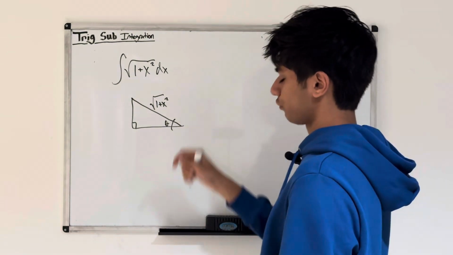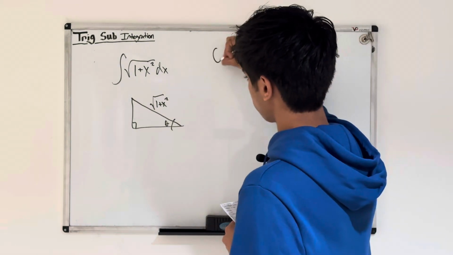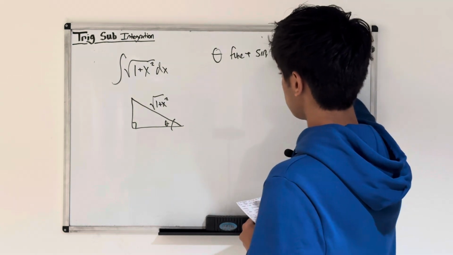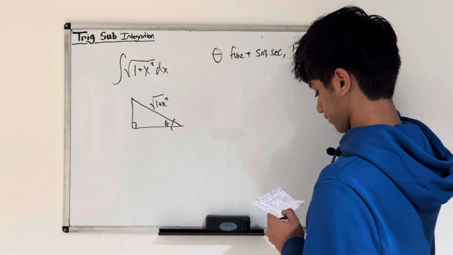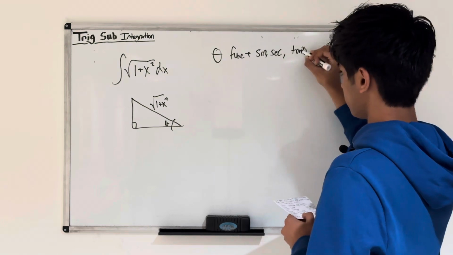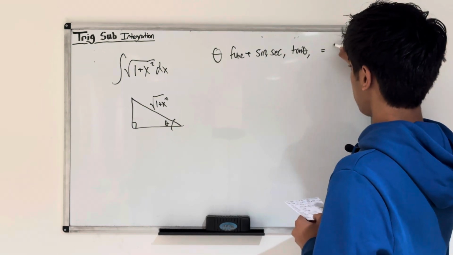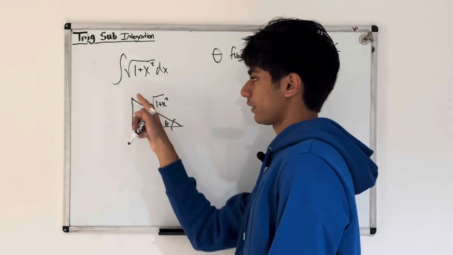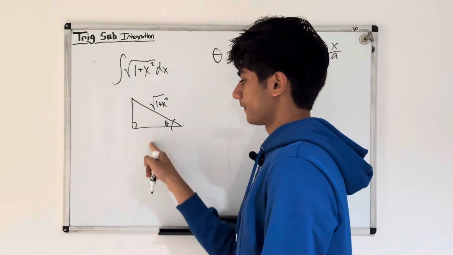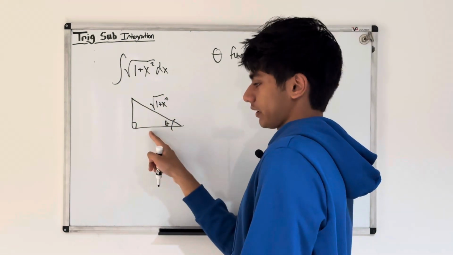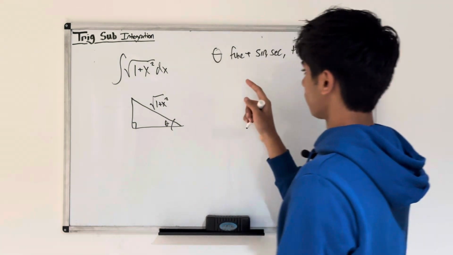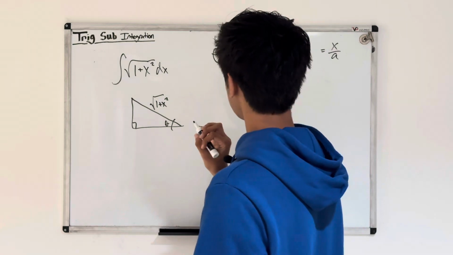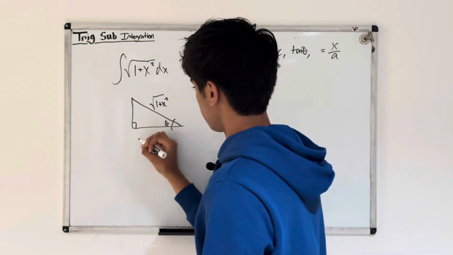So the rule is, whenever we're doing a trig sub, we want to get our theta function in terms of either sine, secant, or tangent, and we want it to equal x over a. So here we have two options, right? Because 1 or x could be either leg. It could be x here, or it could be x here. But we want our theta function, sine, secant, or tangent, to equal x over a. So let's say, what if we did sine?